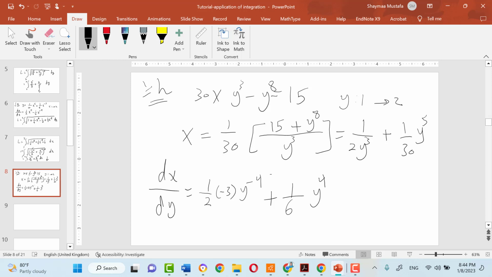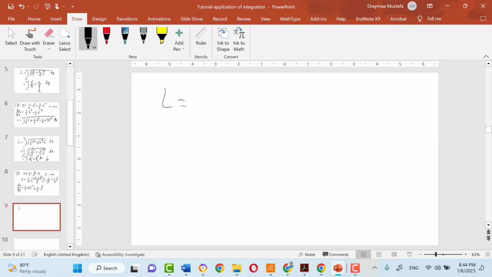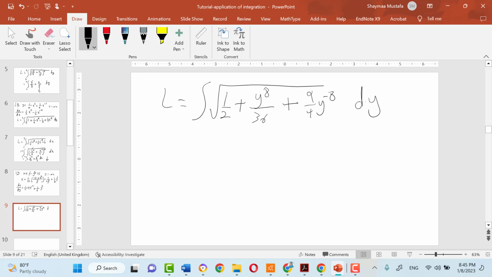So the length now L will be equal to 1 plus dx over dy square, which is 1 plus, become 1 over 2. When you calculate it, you will reach to this one, y over 8 over 36 plus 9 over 4 y to minus 8 dy. When you calculate 1 plus dx over dy square, you get this answer.